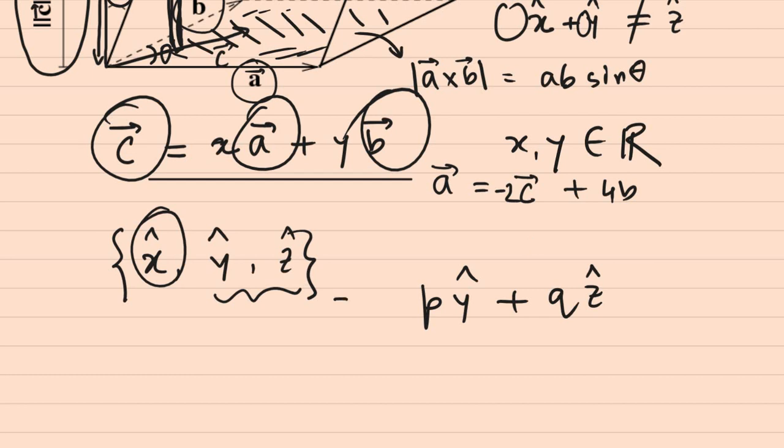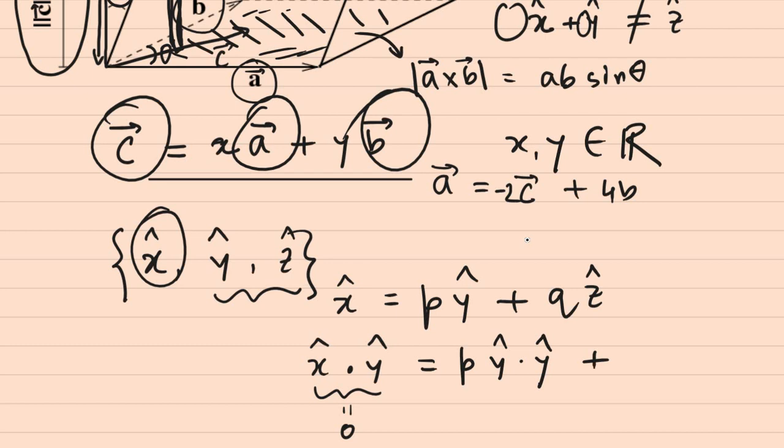Do you understand? For example, if I take x hat dot y hat, obviously this is going to give us 0, right? And then here you have p times y hat dot y hat plus q z hat dot y hat. Now this one is going to be 0, this one is going to be 1, so p is equal to 0, right?